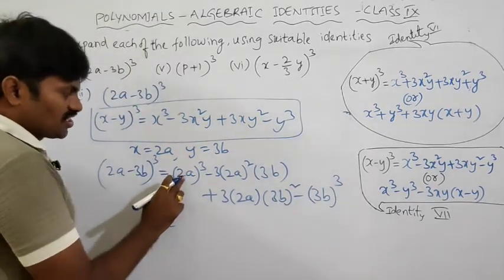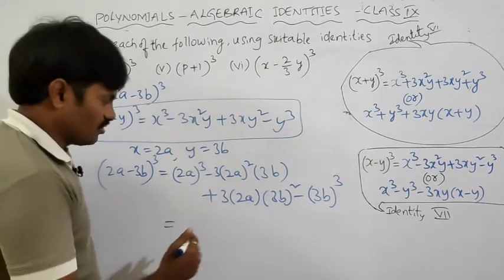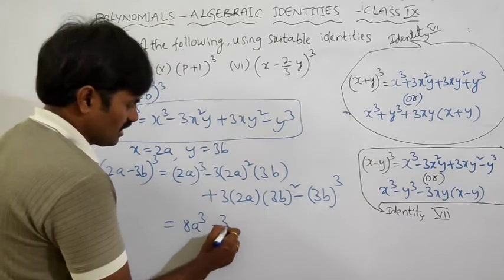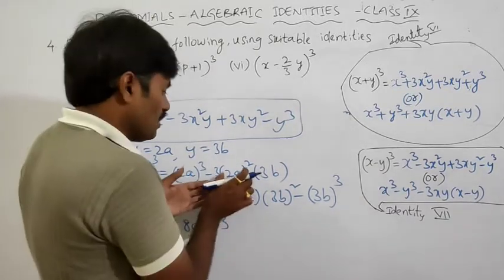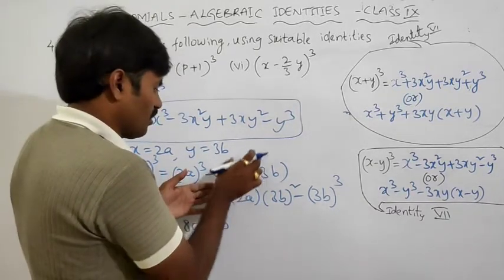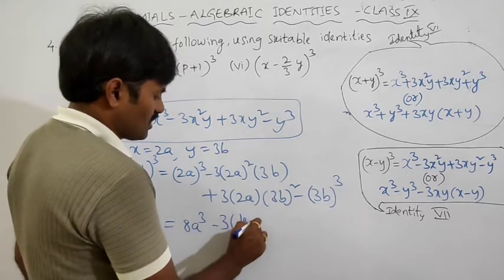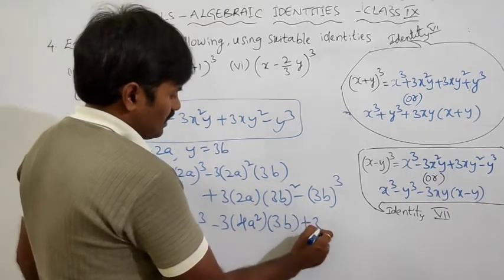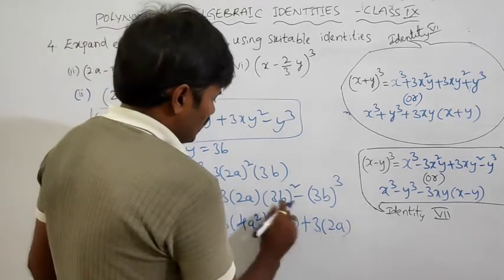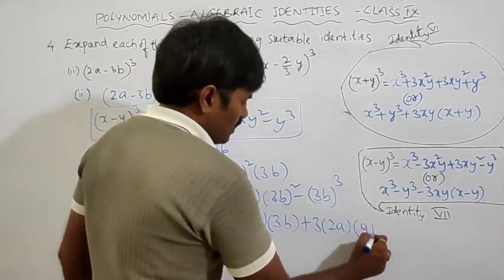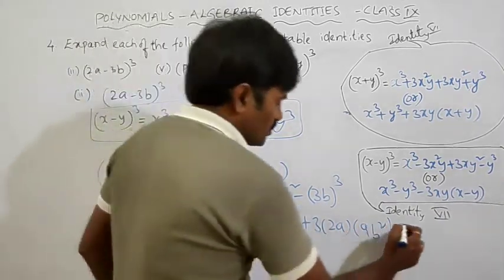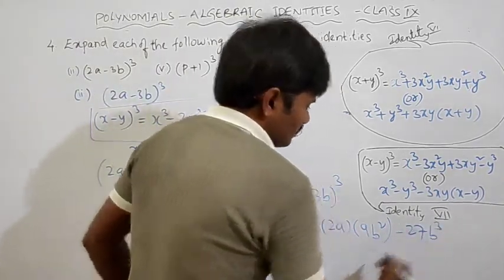So now simplification: 2a whole cube, 2a into 2a into 2a, 2 twos are 4, 4 twos are 8, a cube. Minus 3 into, first simplify the brackets, 2a whole square, that is 4a square, into 3b, plus 3 into 2a into 3b whole square, that is 9b square, minus 3b whole cube, 3b into 3b into 3b, that is 27b cube.